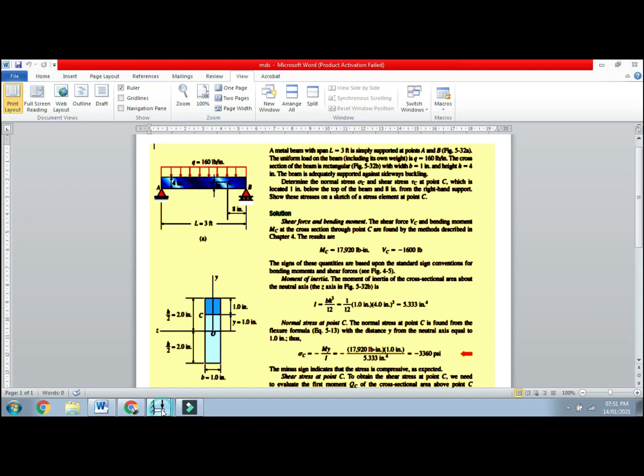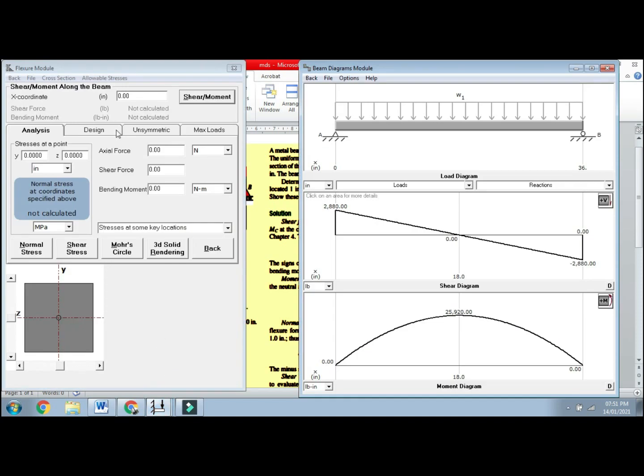If you look at this shear moment diagram, we are interested in which point in inches? 28 and 8 is 36 from the left support. If we calculate this, see what we get.